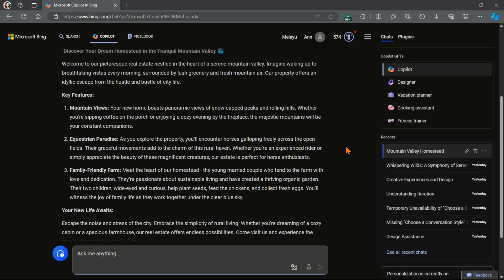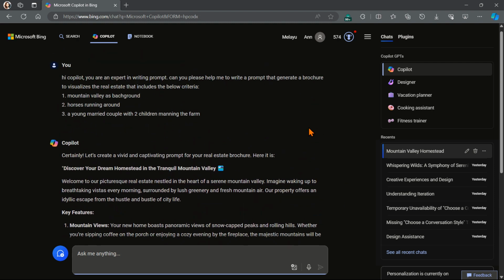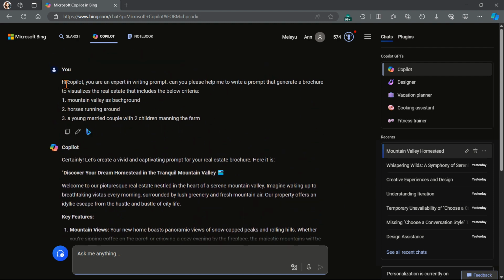Now, based on my input, Copilot as an expert in writing prompt already wrote a prompt for a brochure with these criteria.